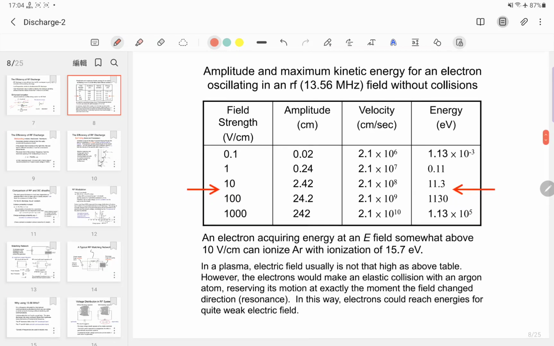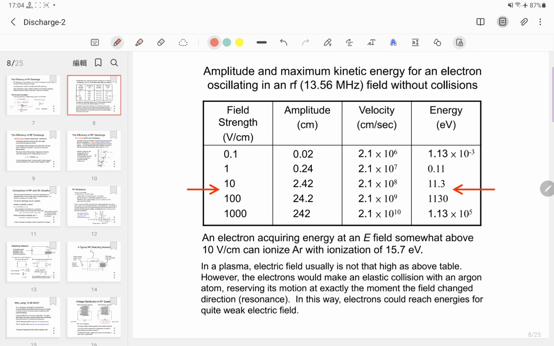And sometimes we want to increase the time for accelerating the electron. We can also use a magnetic field, combining the RF electric field and a fixed magnetic field.